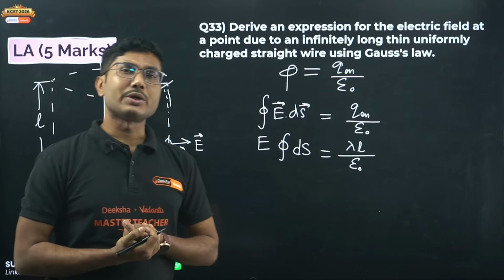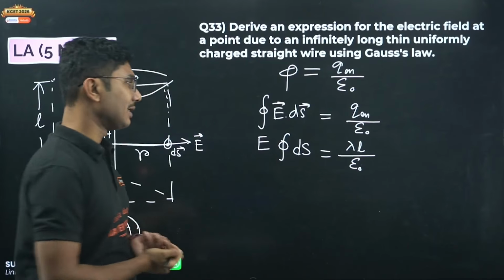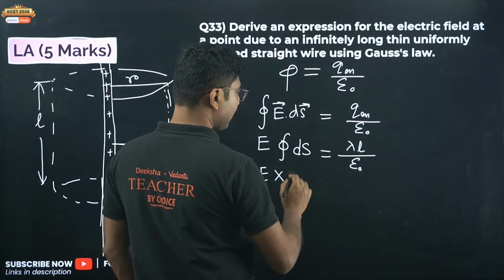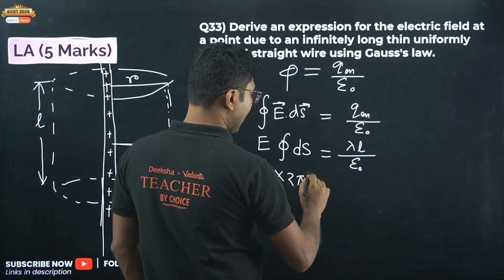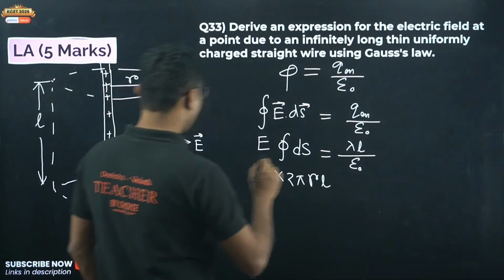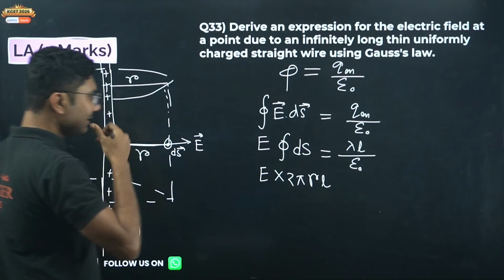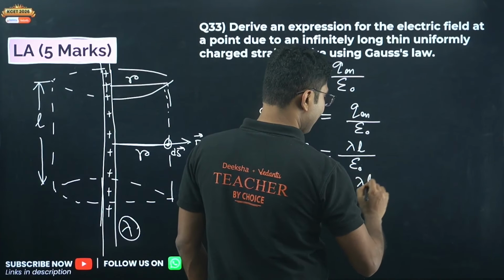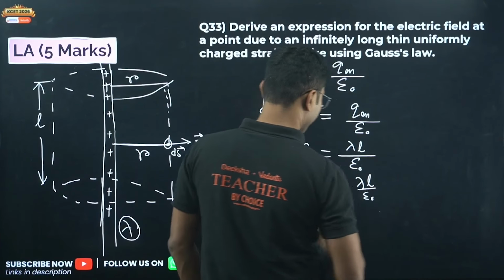Now what is the curved surface area of a cylinder? It is given by 2 pi r L, where r is the radius and L is the length. So 2 pi r L equals lambda L by epsilon naught.